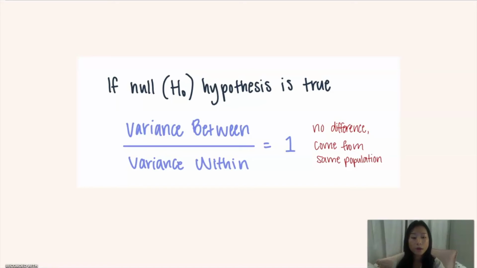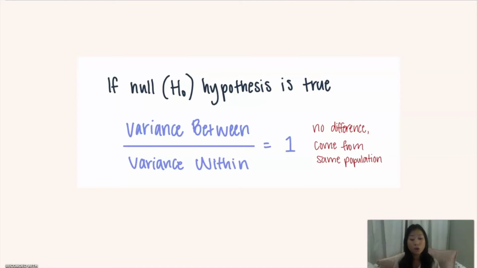So if the null hypothesis is true, then the F value would be 1 or very similar to 1 or below. A perfect 1 would look like all of the distributions are just layered on top of one another. So that would be a true null.